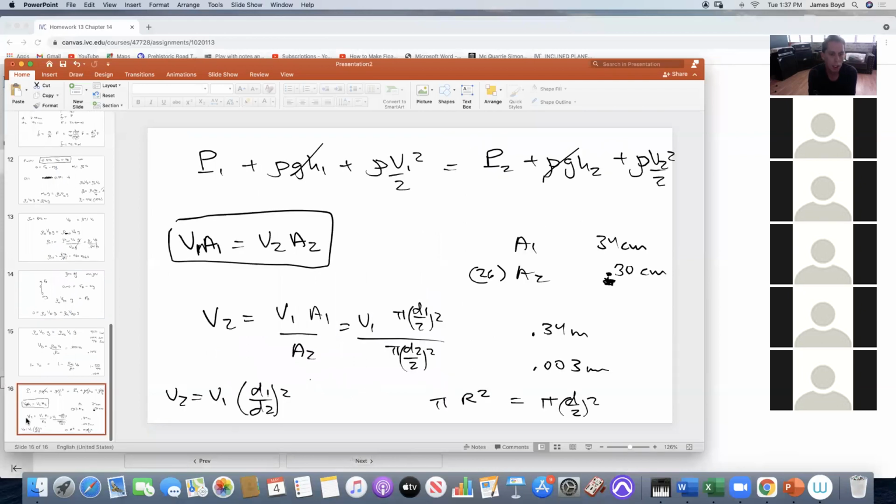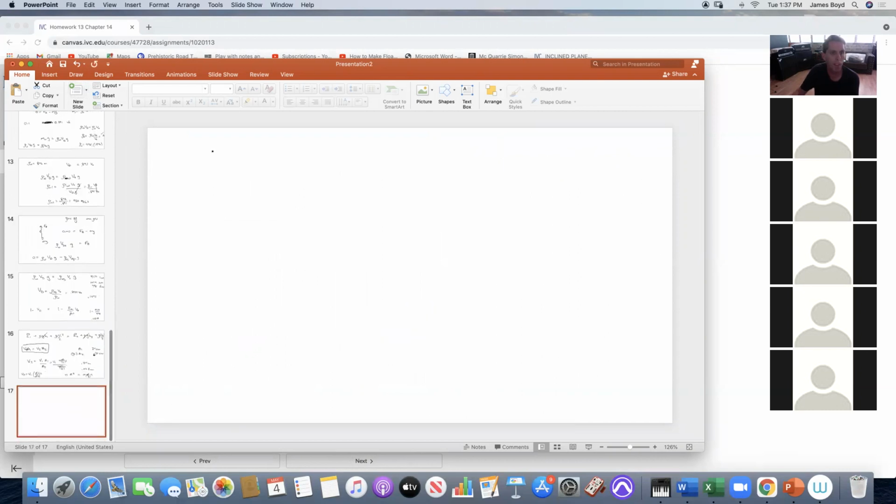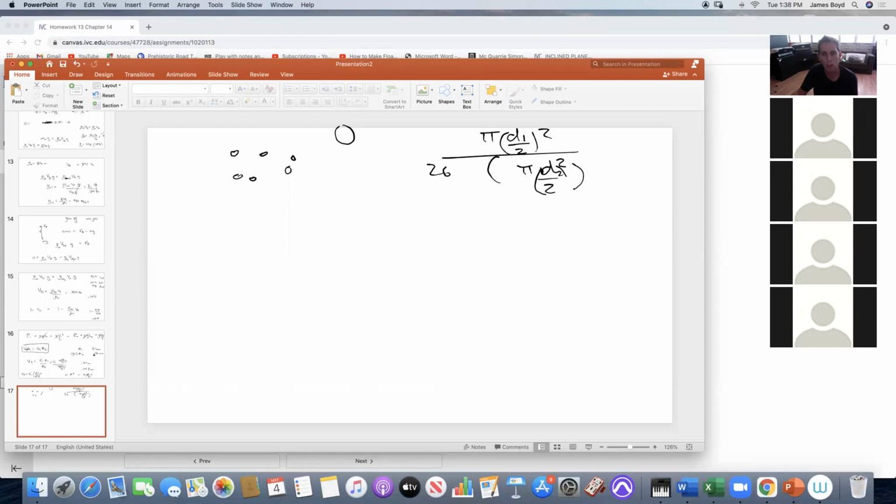So the area 2, if there's 26 of these little holes, is 26 times pi d over 2, squared. And area 1 was just the area of the hose, which was pi d1 over 2, squared.